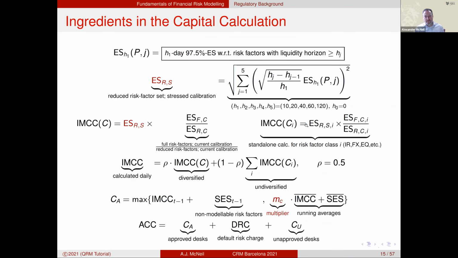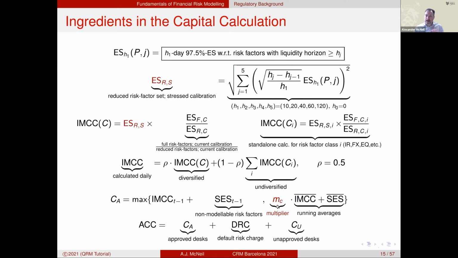And then there are various scaling procedures that are applied to the expected shortfall. I'm going to jump to the fifth formula, because when you've calculated this charge based on expected shortfall, you calculate a running average over a period of time.